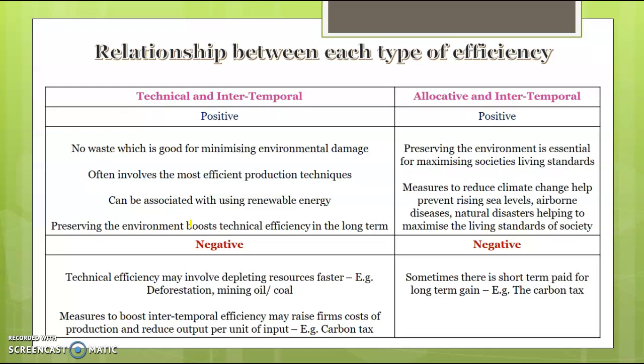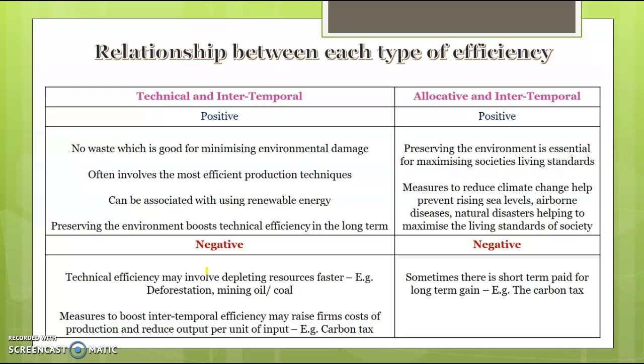On the flip side, there can be a contrasting or conflicting relationship between the two. Being more technically efficient, associated with increased productivity, may involve depleting our resources faster. So it may involve getting coal out of the ground faster or cutting down trees faster, which can have negative impacts for intertemporal efficiency. On the flip side, policies to improve intertemporal efficiency, like, for example, a carbon tax, can increase firms' costs of production.